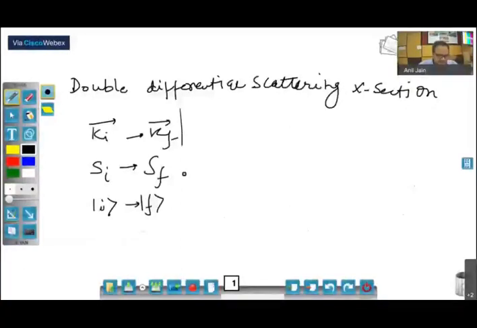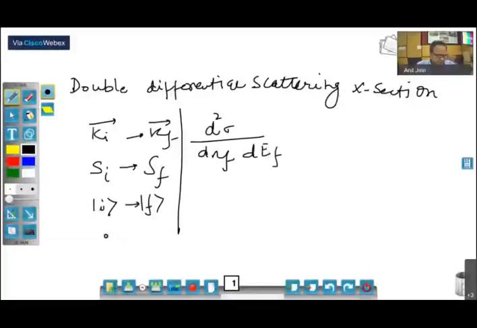And now let me write down the double differential scattering cross section, which is written as d squared sigma over d omega f dEf. In this process the energy of the neutron also changes from Ei to Ef.